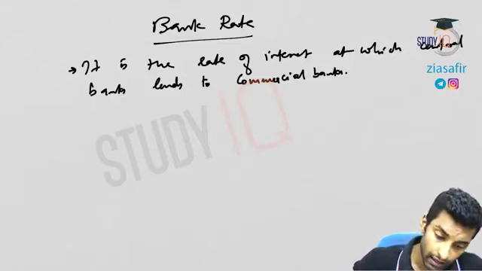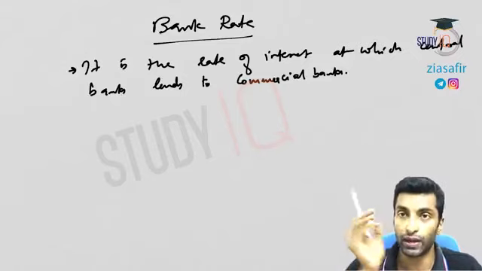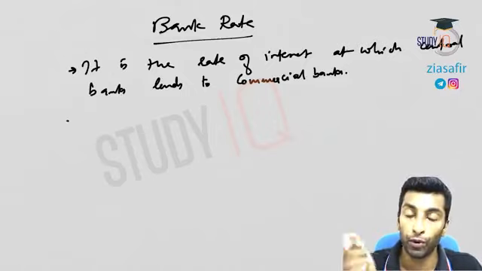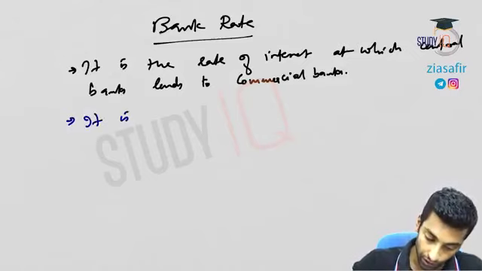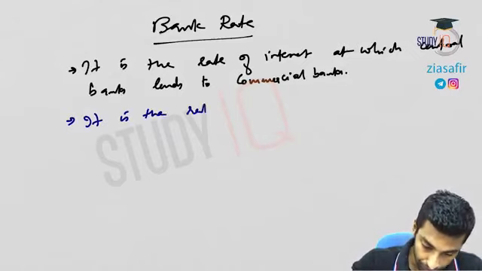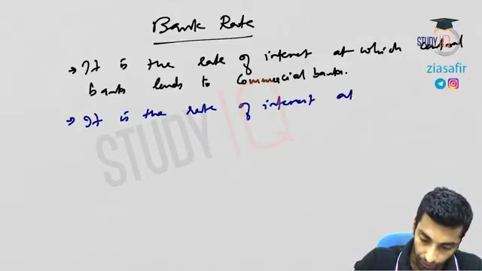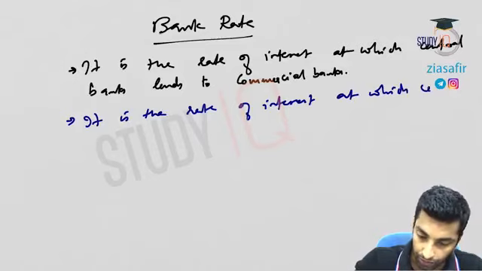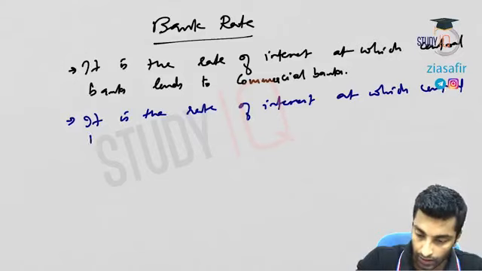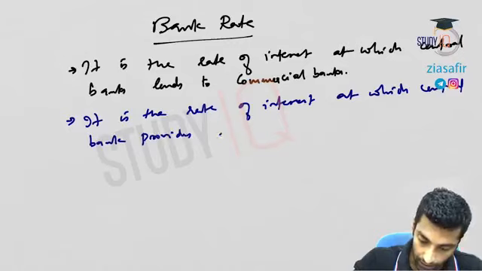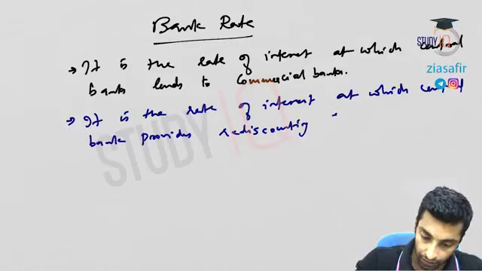Now there is a technical definition. I'll give you the technical definition also, and I'll explain what are the technical terms when we discuss about repo and reverse repo. So here it is the rate of interest at which central bank provides rediscounting facility.